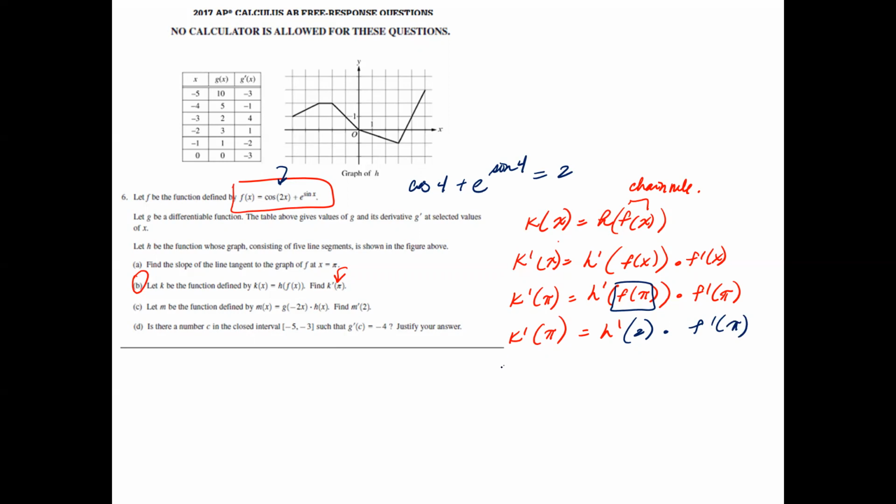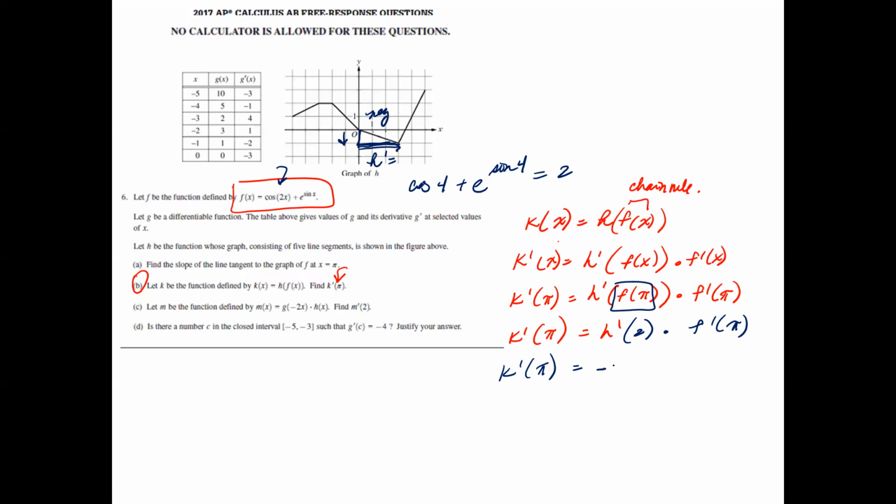All right, so then let's continue. Keep simplifying. Looking at h prime of 2, here is the graph of h. You want to specifically look at this at 2. So then looking at h prime, you're specifically looking at the slope of this piece here, which is a negative slope. You're going down 1 over to the right 3.